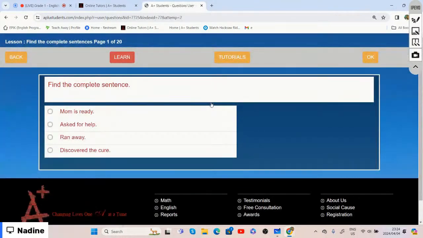All right, so now we're going to our test, right? And when we go to our test, we need to find the complete sentences. Remember, a complete sentence has a naming part and it has an action part. It says, Mom is ready. The first one is Mom is ready.